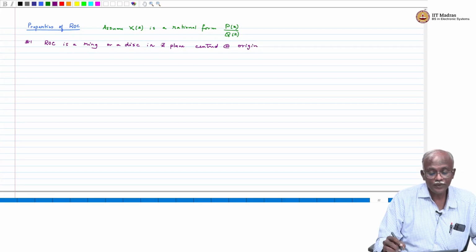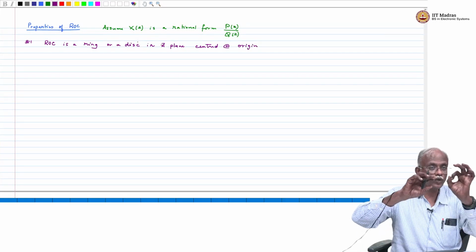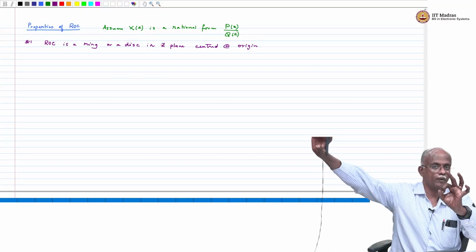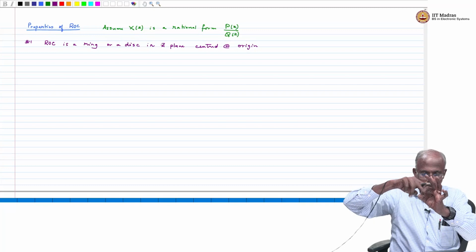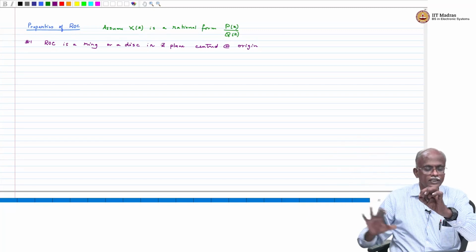Okay. When do you get a disk? When you exclude z equal to 0 and go all the way to infinity. So, basically it looks like a small exclusion and the entire region, that is a disk.